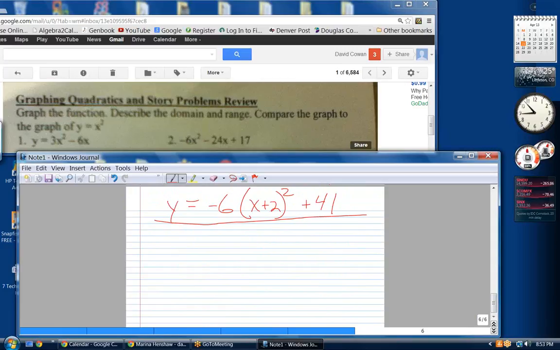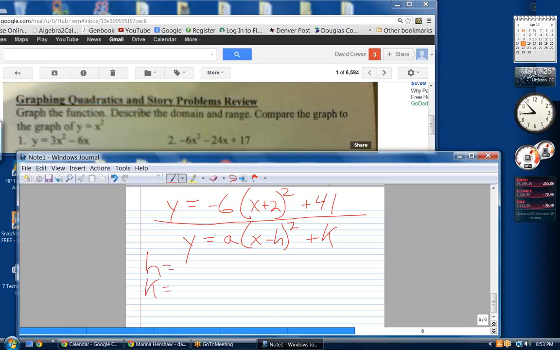Vertex format is once again y equals a times (x minus h) squared plus k, where h and k are my vertex. So with this particular equation, what is h? And what is k?